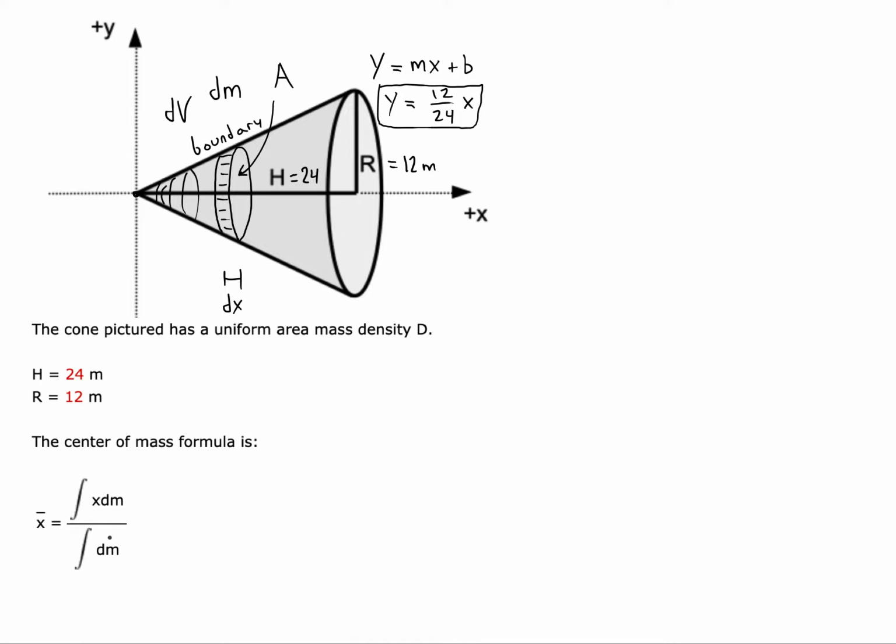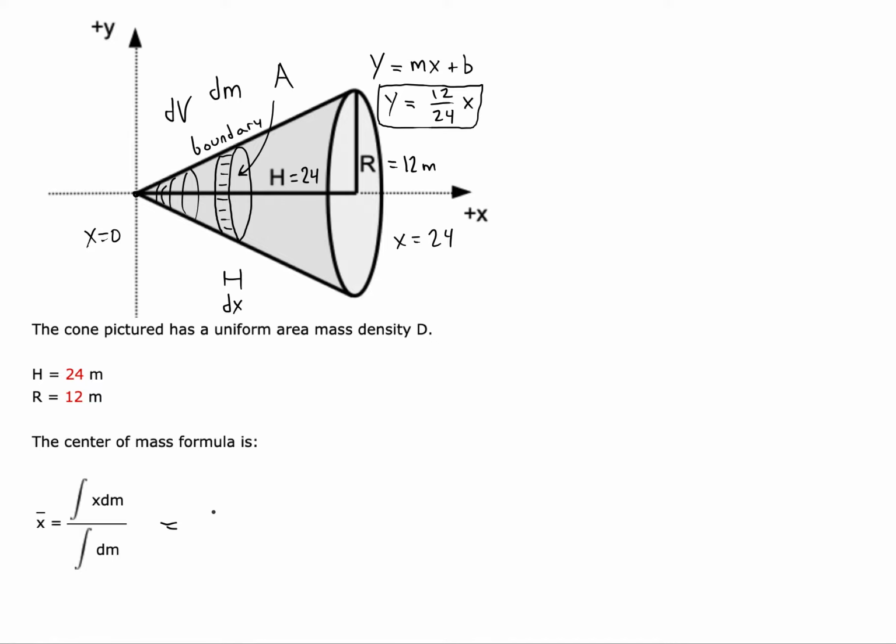So our whole goal is to take the expression for center of mass here and rewrite it, because we don't want our limits to be dm anymore. We want to change them into dx because that is the variable that we're integrating across. We're going from x of 0 to x of 24, and this is what we want to set our limits as.